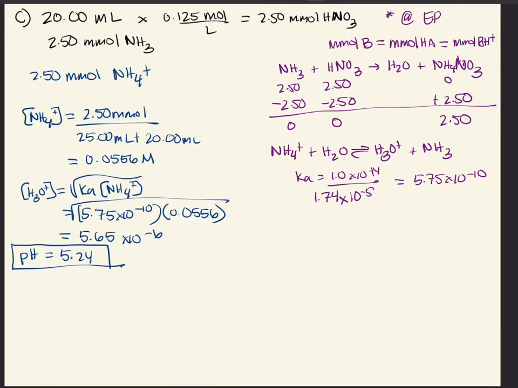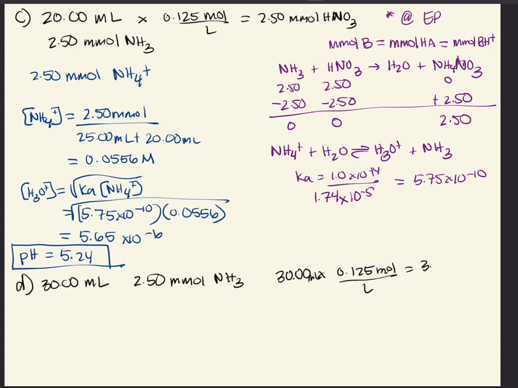Finally, let's look at part D, which is 30 milliliters of my acid. I still have 2.5 millimoles of base, and I can calculate how much acid I've added. And I get 3.75 millimoles of my acid.